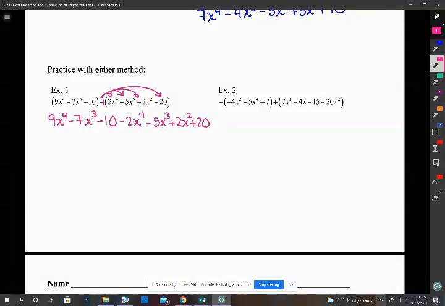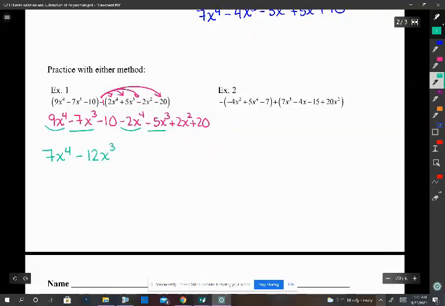Okay, and so once I do that, then I'm going to combine like terms. So I've got biggest power is a 4, so 9 subtract 2, which is 7. I have negative 7 subtract 5, which is negative 12. Notice how your letters just stay the same. I'm not doing anything with it.